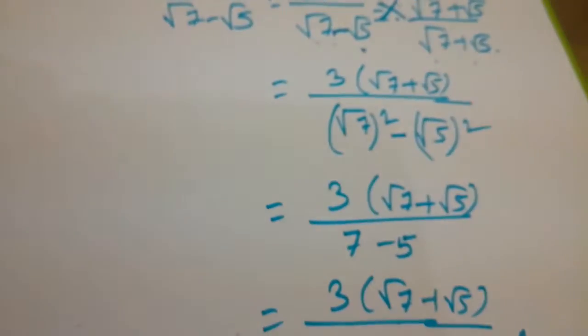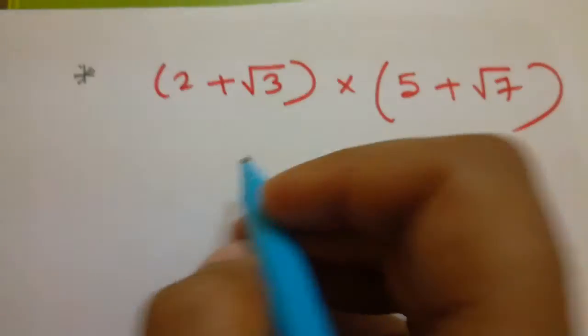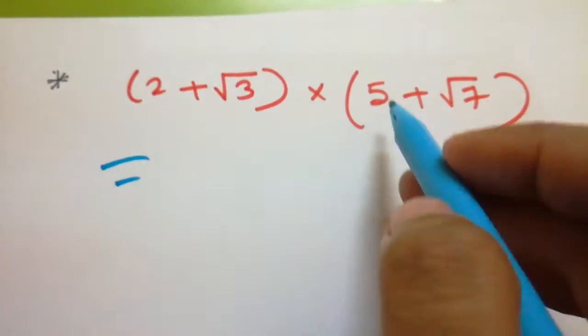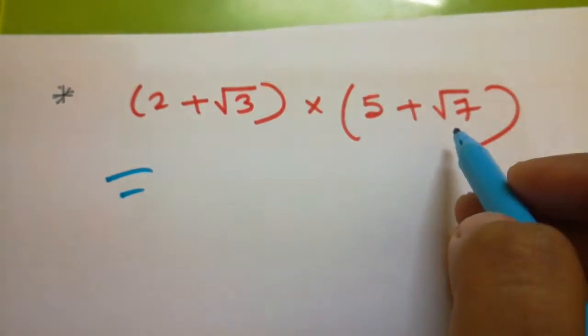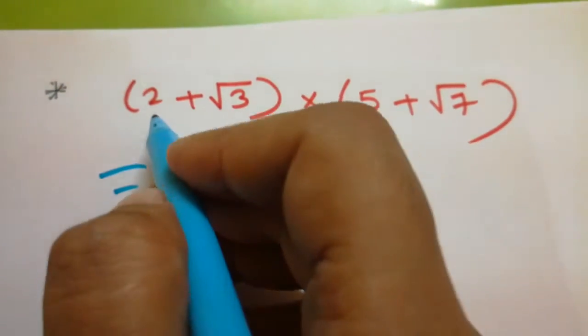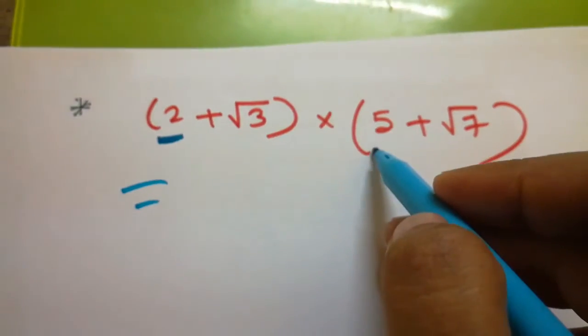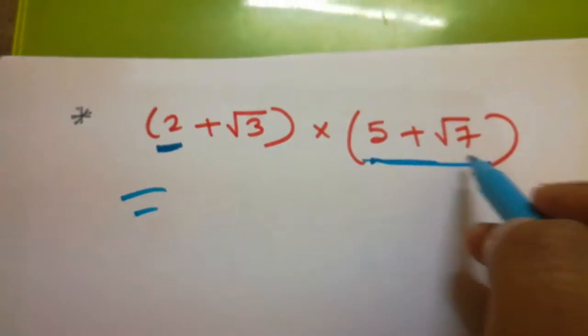And let's see some another example. See the example, 2 plus root 3 into 5 plus root 7. Here the first term is 2 and here is 5 plus root 7.